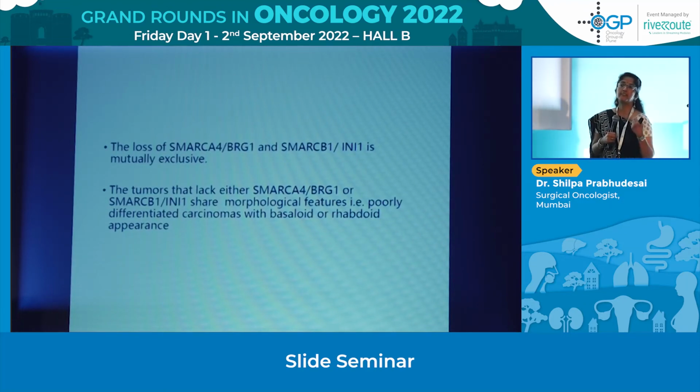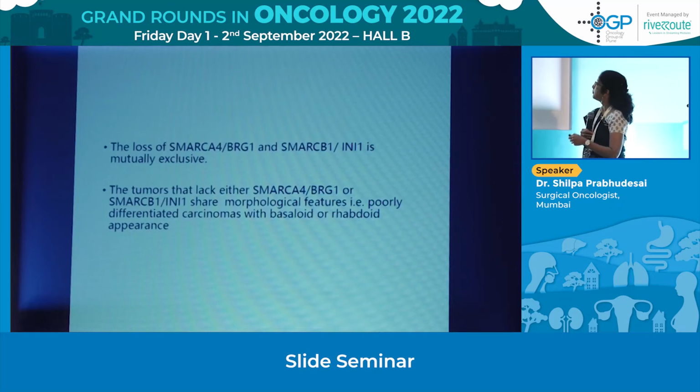The biggest thing is rhabdoid morphology, but all tumors may not have this rhabdoid morphology. And if something looks poorly differentiated and basaloid, and according to me, if it doesn't give you very clear-cut immunohistochemical findings, there is some kind of overlap, or you're not feeling very certain of what this is, those would be good cases to test INI1 and BRG1 on.